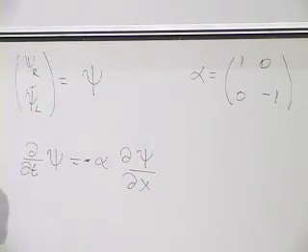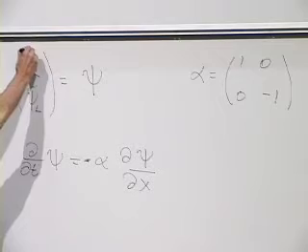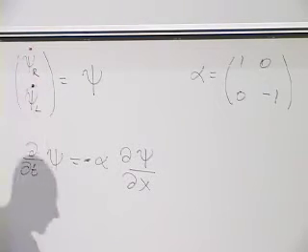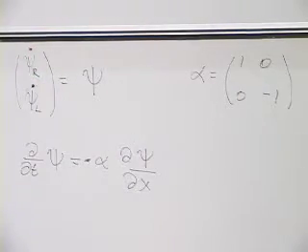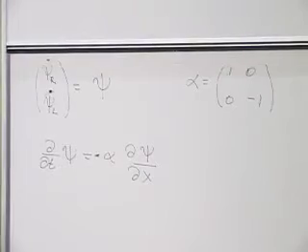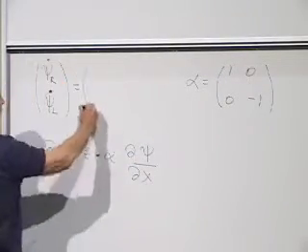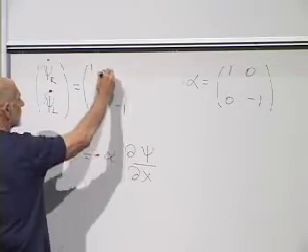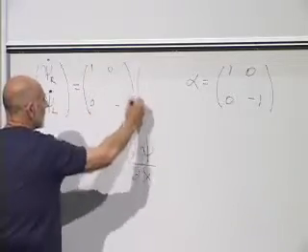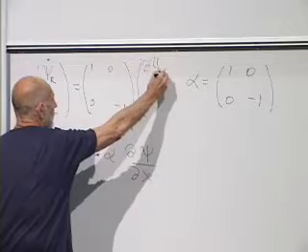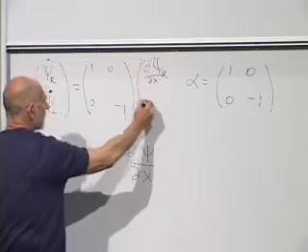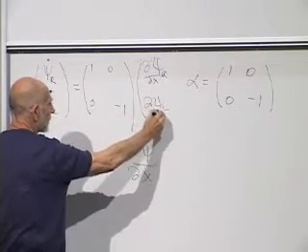In other words, to write it in column vector notation and matrix notation, it just says this is equal to alpha, which is 1, -1, 0, 0, times d psi right by dx, d psi left by dx.